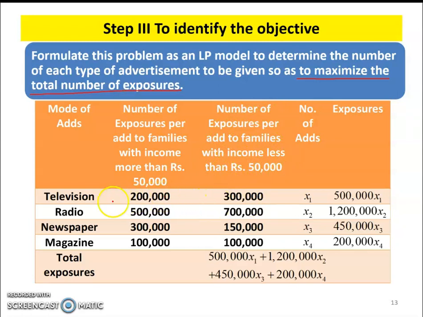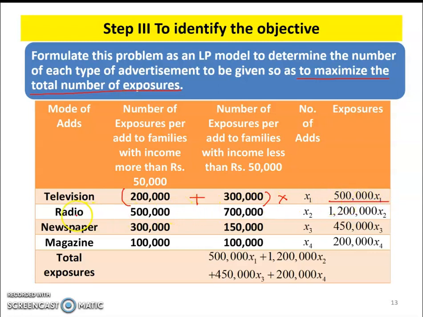So we have this in television. If you have 200,000 exposures in one ad, then for x1 it will be 200,000 x1, and for families with income less than rupees 50,000 it will be 300,000 x1. So you add both these things, 200,000 plus 300,000, and you multiply it with x1, so it will be 500,000 x1.